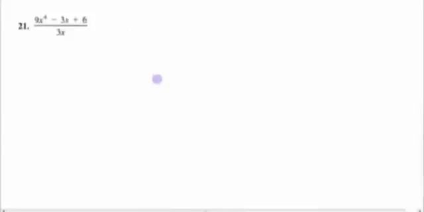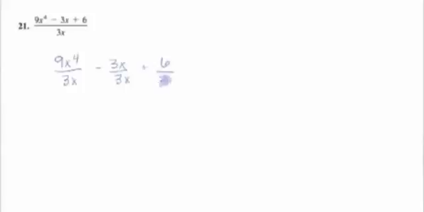Again, I'm going to break this trinomial up, so it's 9x to the fourth over 3x minus 3x over 3x plus 6 over 3x. So 3 goes into 9 3 times.